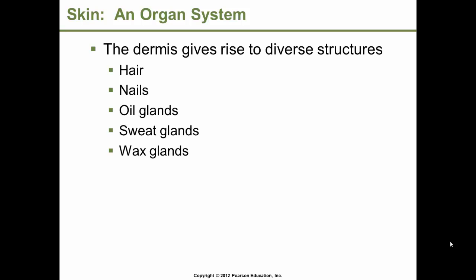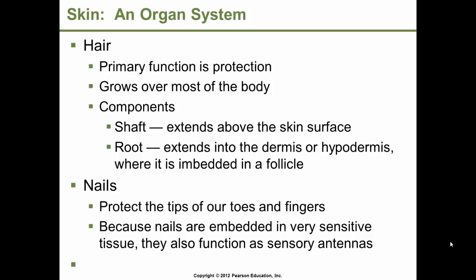The dermis gives rise to many diverse structures: hair follicles, nails, oil glands, sweat glands, and wax glands. Hair's primary function is protection. It protects the head from ultraviolet radiation. In the nostrils and ears, hairs trap particles.